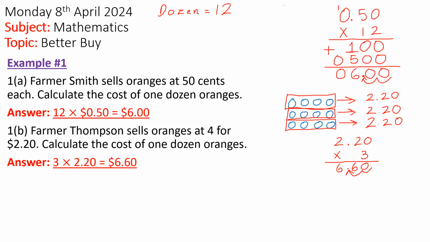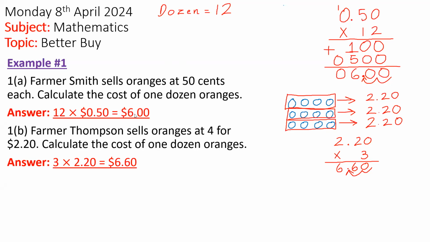What is the cost of one orange at Farmer Smith's shop, Ashane? 50 cents. And how much do we want? We want the cost of a dozen, right? How much is a dozen? 12. So we're going to multiply 50 cents, which is 0.5, by 12. When we do 12 times 0.5, what do we get?